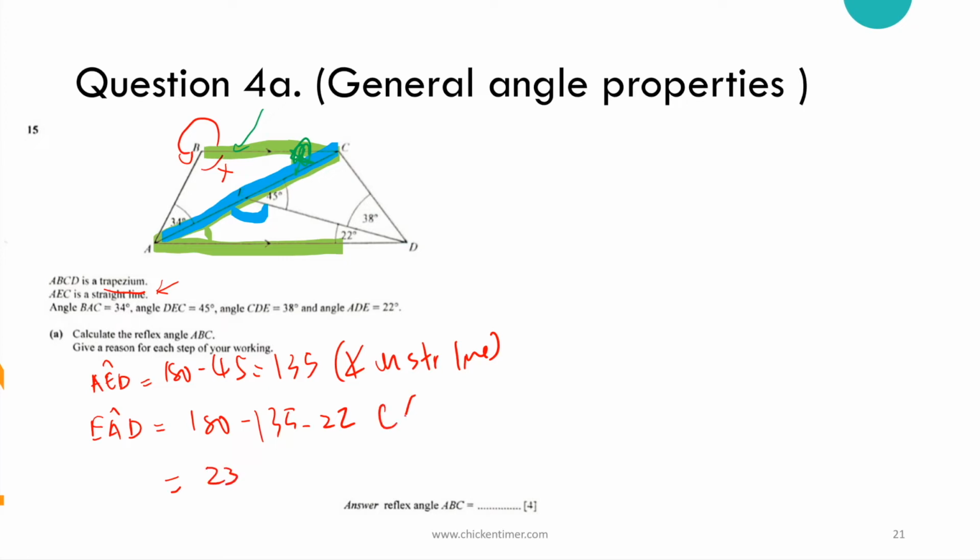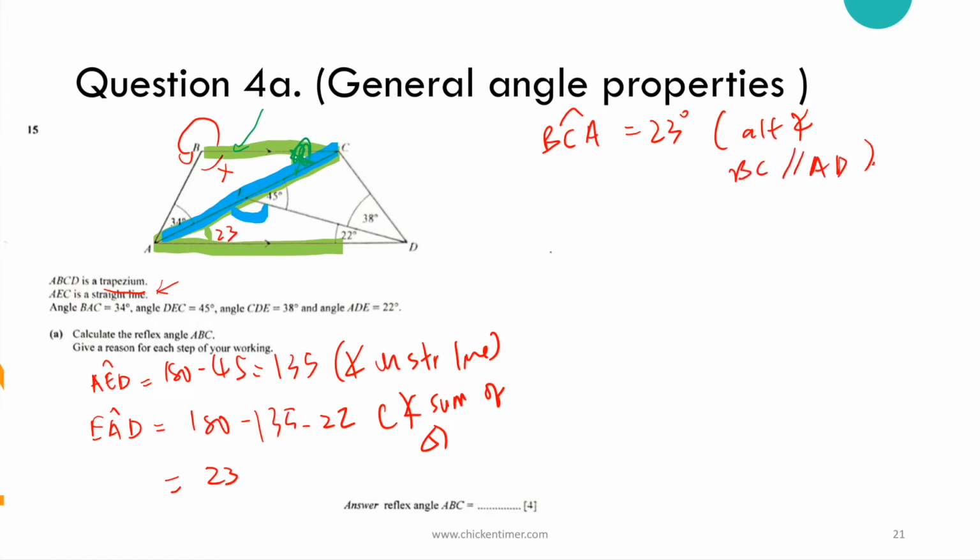This is angle sum of triangle. Then your BCA will also be 23 because of alternate angles, BC parallel to AD. So ABC, which is x, will be 180 minus 23 minus 34.